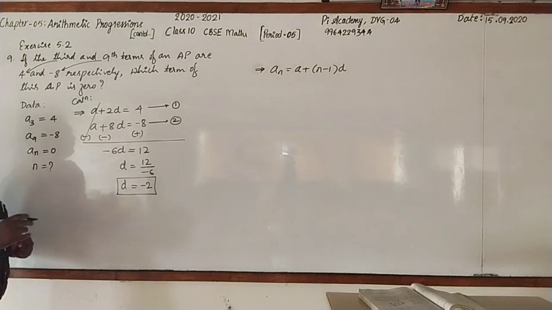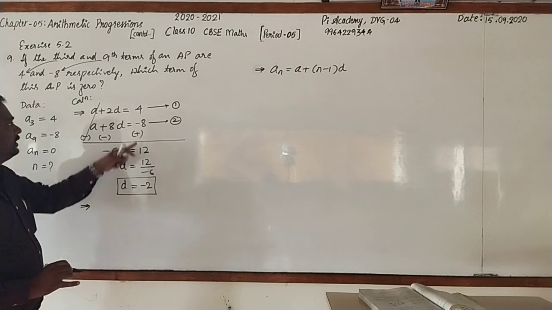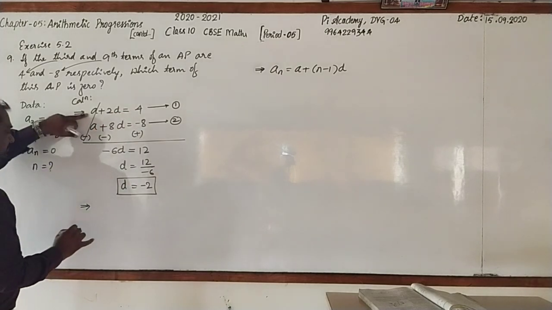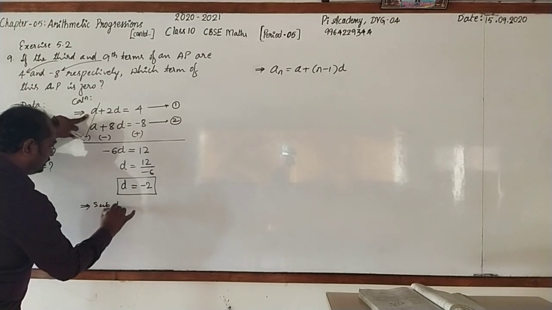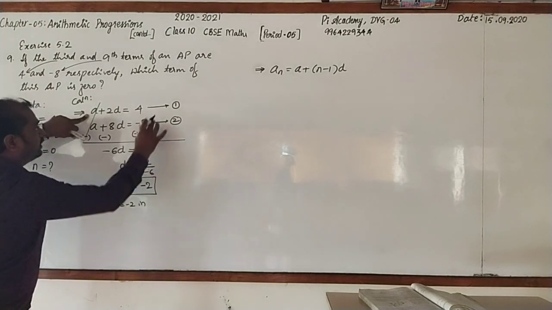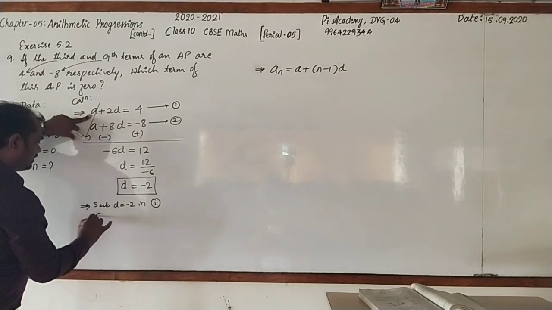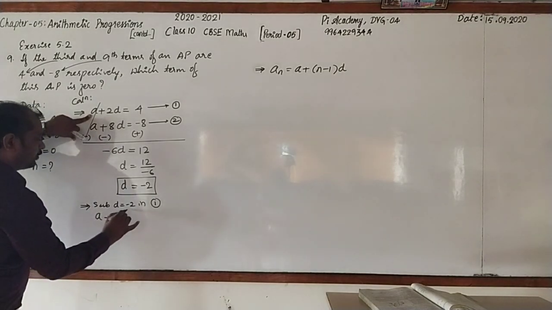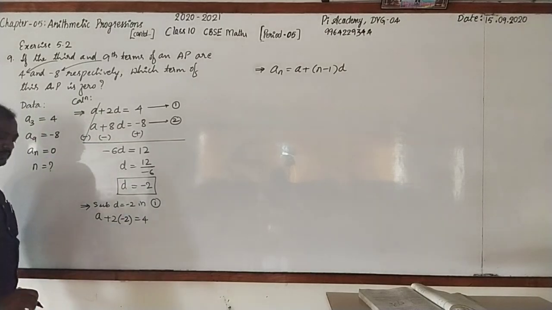Followed? Even we want a. To find out a, let us substitute d in any one of these two equations. Here I will write, substitute d is equal to minus 2 in equation 1. Where equation 1 is a plus 2d. What is d? This is minus 2. Is equal to 4.